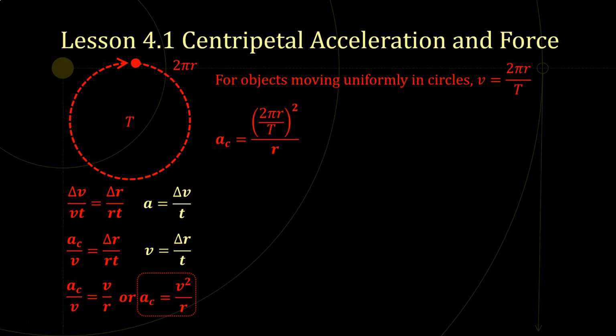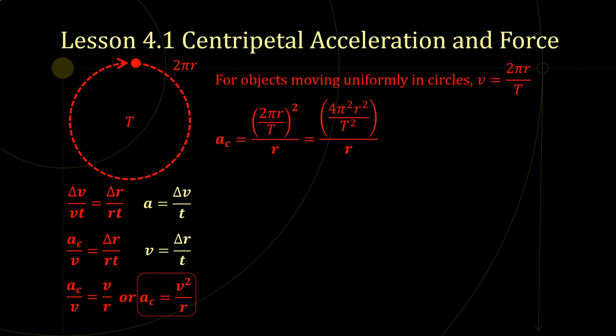Notice that I can simplify this to make a new expression. The whole expression, 2 pi r over T, is squared. So I'm going to have to square the 2, square the pi, square the r, and square the period. And that's going to give me 4 pi squared r squared over T squared divided by r.